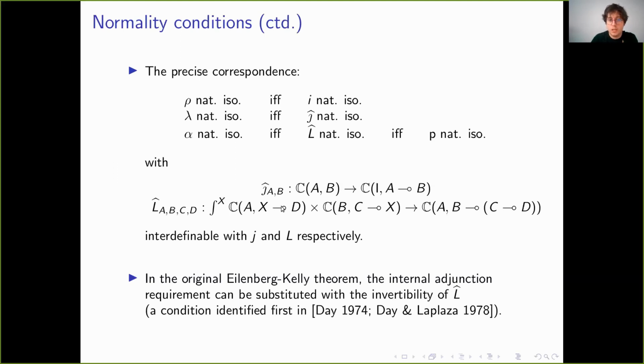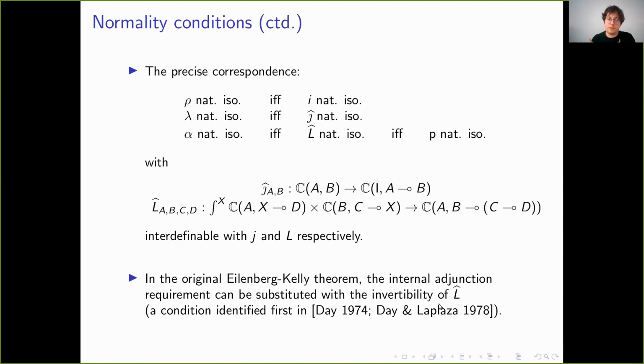But interestingly, if you look at the first morphism here, we are actually allowed to eliminate this tensor only into D, not into any other object. So in this sense, this is a weak tensor. And as I said before, we can substitute the internal adjunction requirement in the original Eilenberg Kelly theorem with the invertibility of the hat, and then we will have a perfect match.